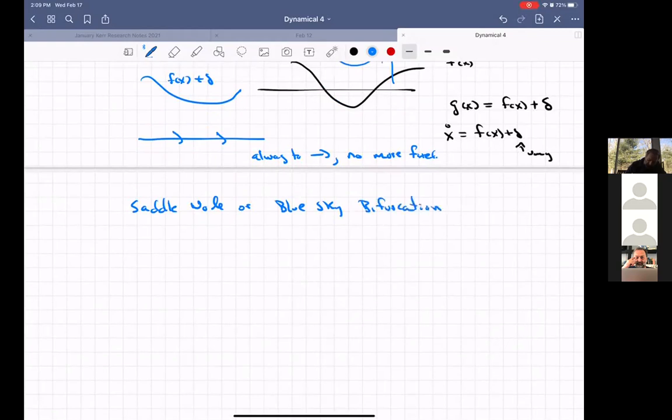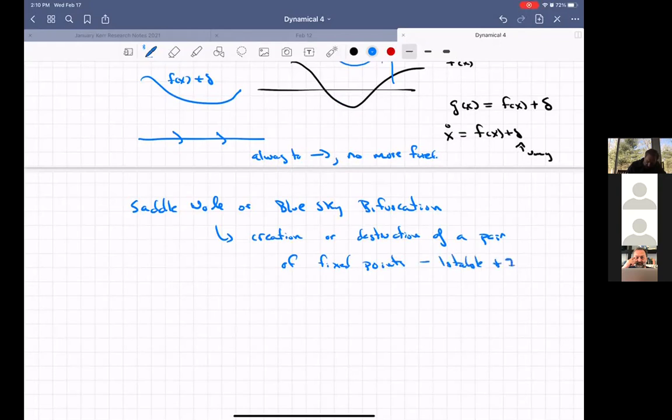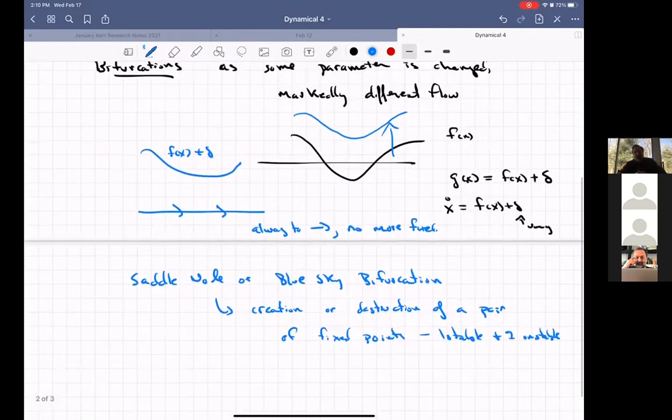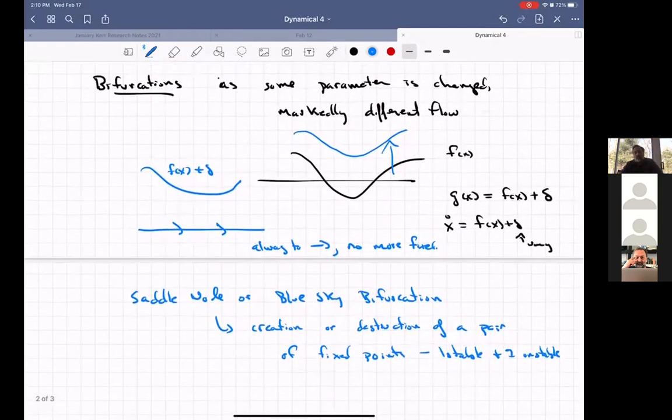And this particular one involves the creation or destruction of a pair of fixed points, one stable and one unstable. Right, so the idea is that by raising this thing up through the tangency point of the function, the fixed points go away.